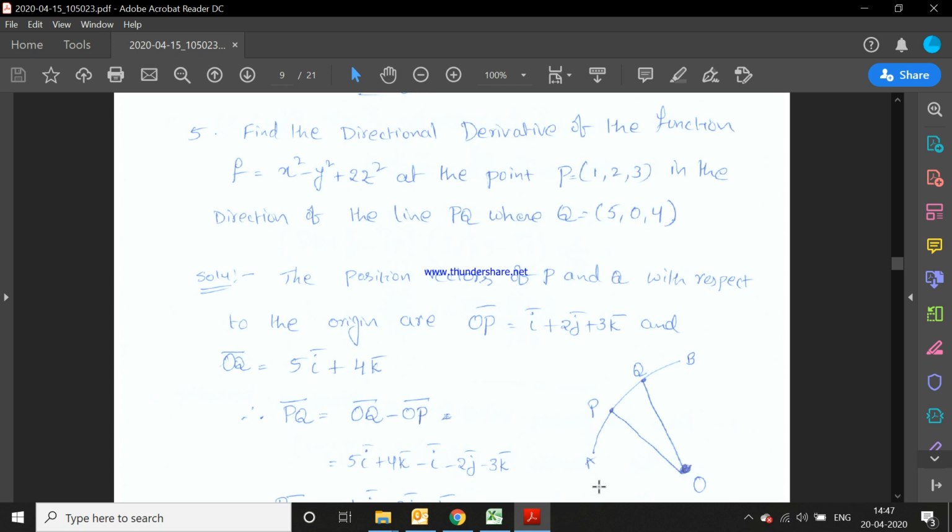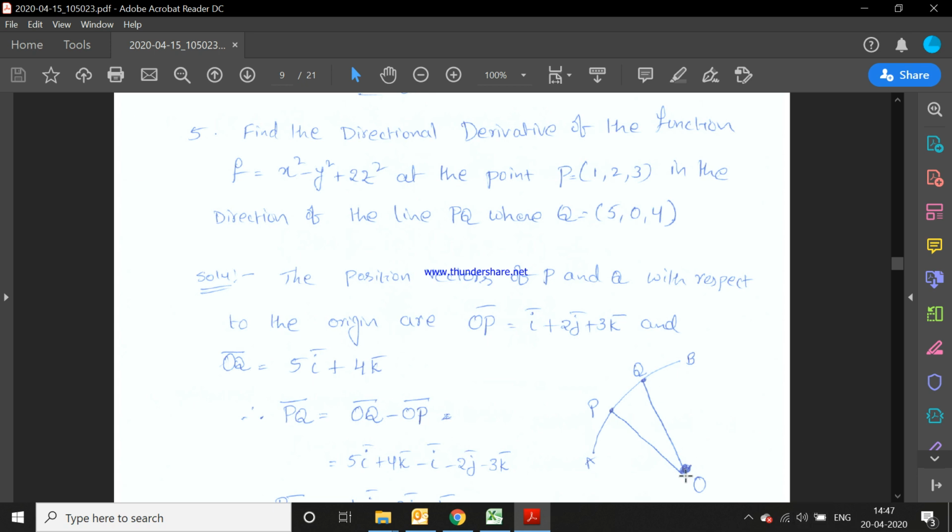From that sphere we can take one part, that is AB. Here O is the center of the sphere, OP is one line and OQ is one line. From that part AB we have to consider PQ. So in the direction of the line PQ, we can find the directional derivative. So how do we find the line PQ?